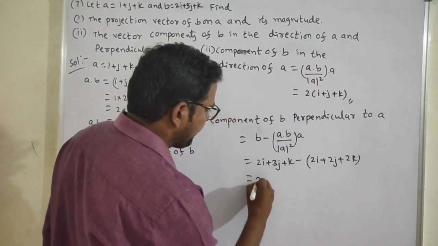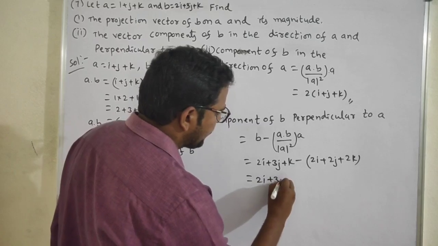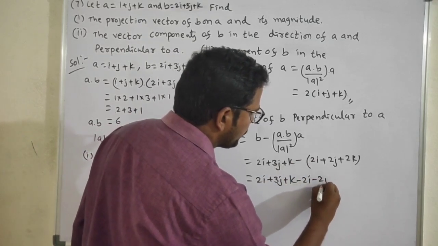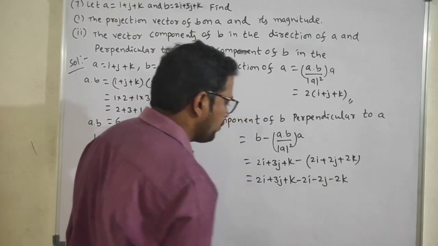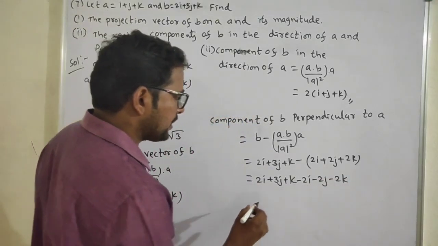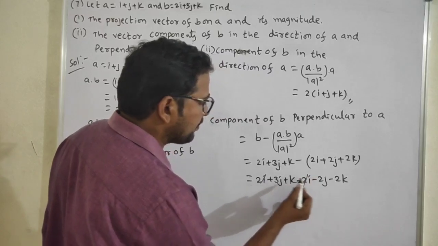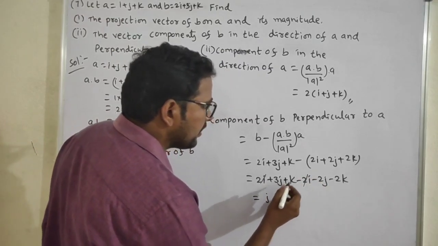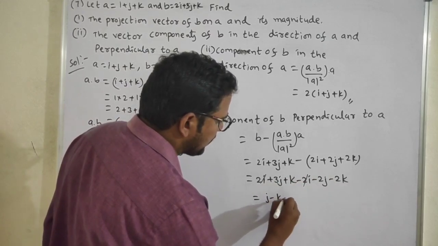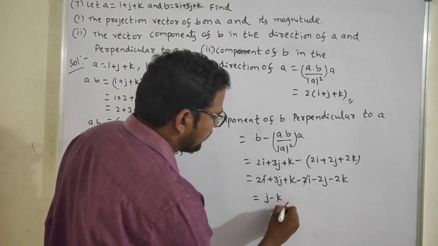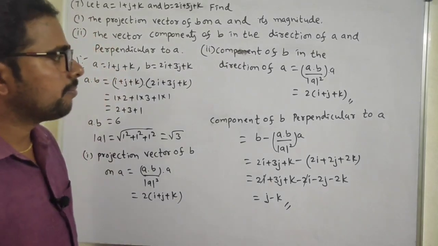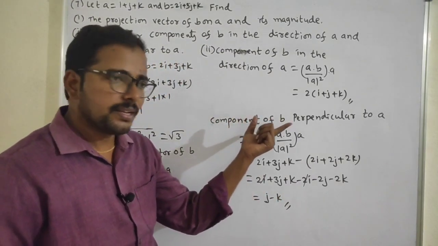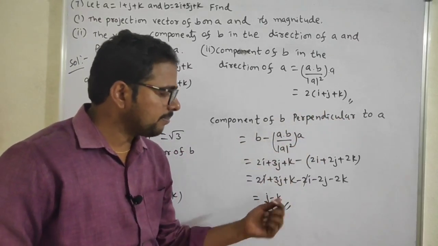Multiplying with the minus: 2I plus 3J plus K minus 2I minus 2J minus 2K. Now add like terms. 2I minus 2I gets cancelled. 3J minus 2J is J. K minus 2K is minus K. So J minus K. This is the component of B perpendicular to A, which is equal to J minus K.